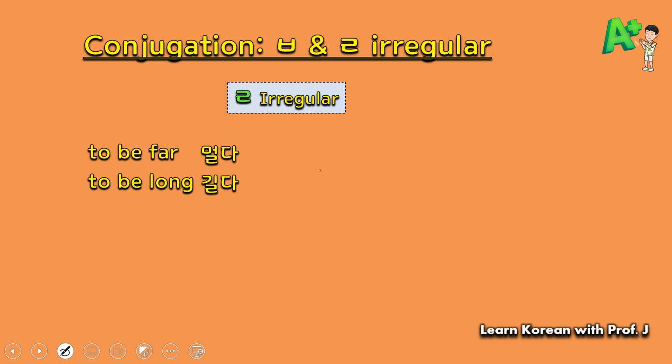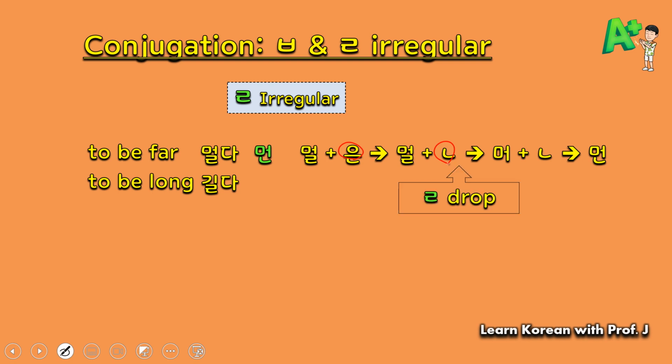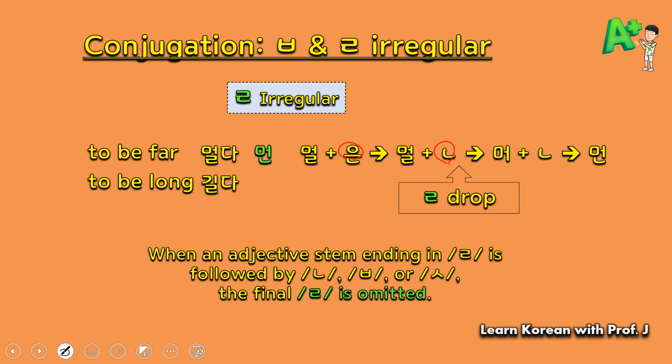For 리을 irregular conjugation, 멀다 becomes 먼. So it's supposed to be 멀은, but I mentioned in the previous video, 으 tends to be deleted. Then what is left is 니은, but 리을 is dropped because it's being followed by 니은.